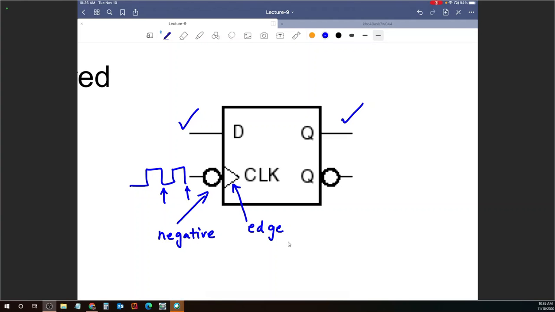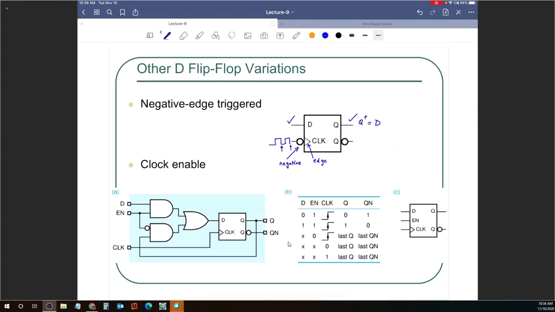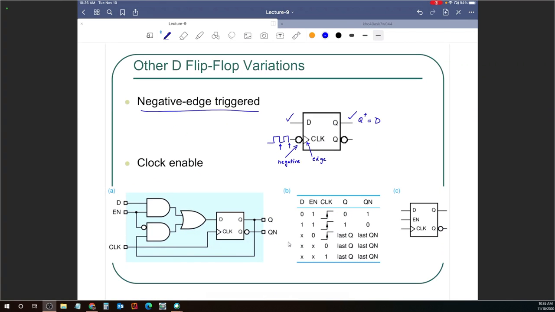We know that the characteristic equation of the D flip-flop is Q plus equals D. So whatever you want the next state to be, just provide that at the D input and also give me the negative edge so that my output can change. That's as simple as that. All right, so that's your negative edge triggered D flip-flop.